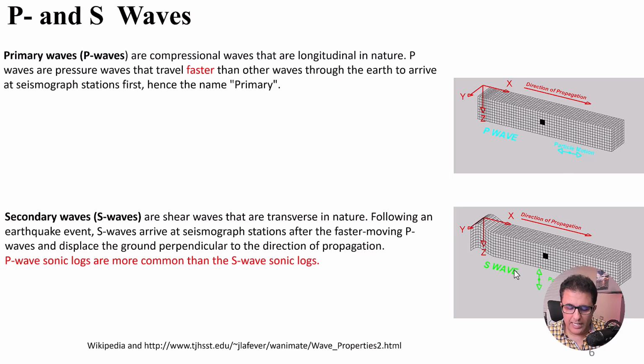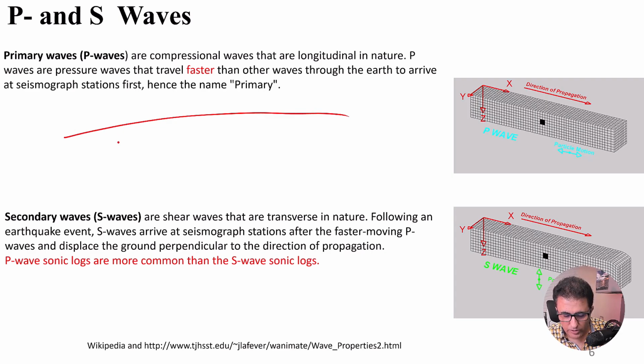So here you may ask me why we call it P wave or S wave. That goes back to seismology. So in seismology, whenever an earthquake happens, for example, here, and then assume that you have a seismometer far away from the earthquake, what seismologists observe are two groups of waves.